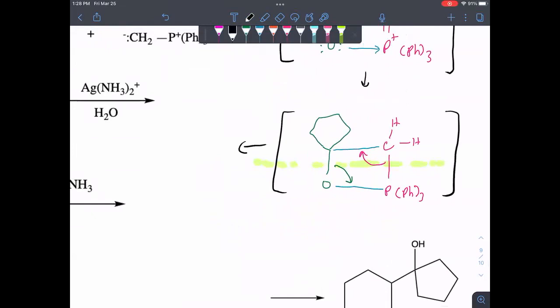The top half, the product that we are concerned with, is going to look like this. We took those two R groups from the transition state, put an alkene in between them, and that's the final alkene product of this Wittig.